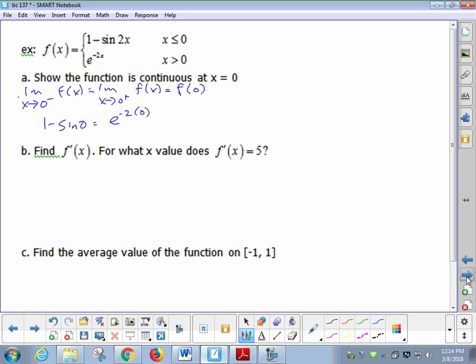If you don't show that, they will not even look at it. You get nothing. It's the definition of continuity.